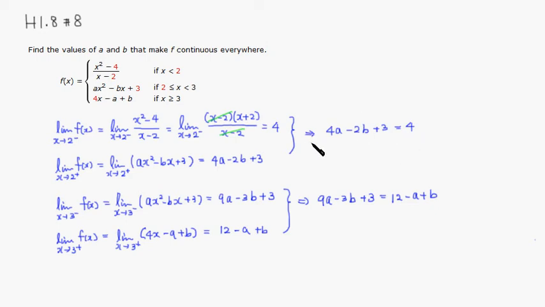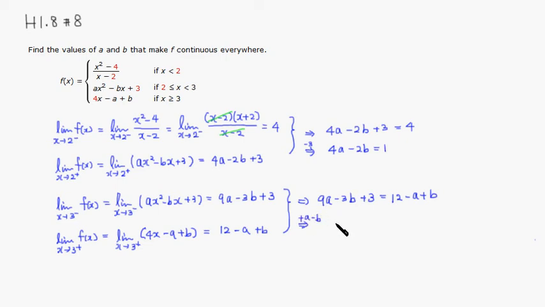In the first equation, I'm going to subtract 3 from both sides, so you have 4a minus 2b is equal to 1. In the second, I'm going to put a on this side and b on that side, so we add a and subtract b.